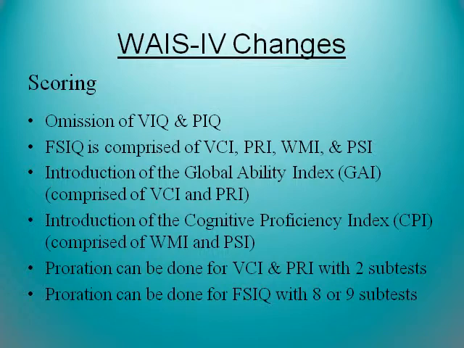If you have someone, for instance, with cerebral palsy, and you don't think that the PSI is a good measure, or say you didn't administer any of the tests from processing speed because you didn't want that to muck up your scores, then you can get the Global Abilities Index that doesn't include working memory or processing speed to look at their global abilities, and vice versa.